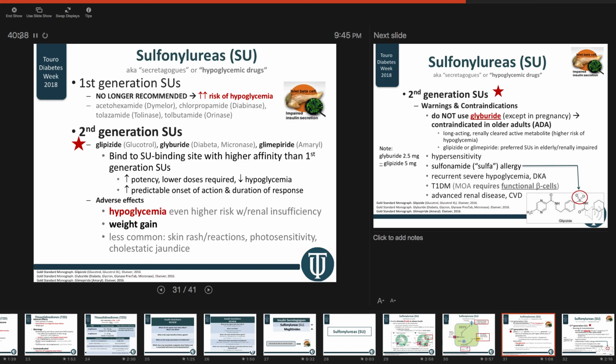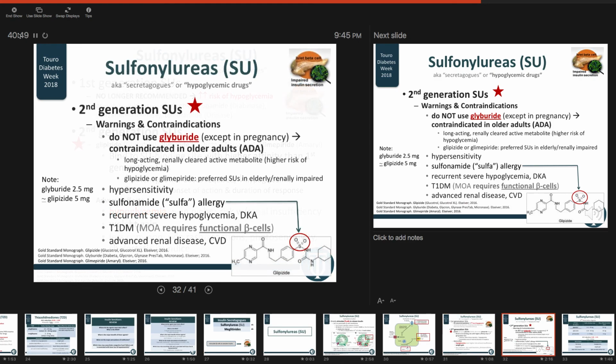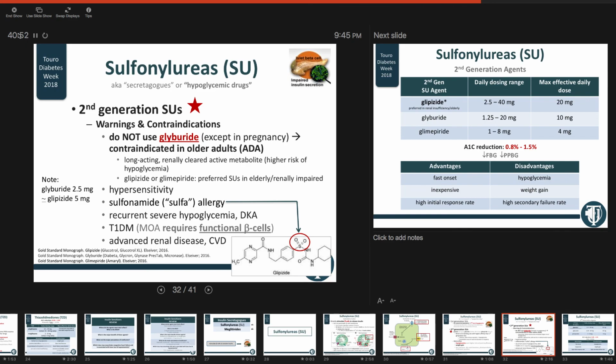Some patients might develop a rash after taking sulfonylurea, or express that they're sensitive to light. So what are the warnings and contraindications? If we can, we should avoid glyburide, except that glyburide is used in pregnancy. The ADA actually listed glyburide as contraindicated in the older generation.